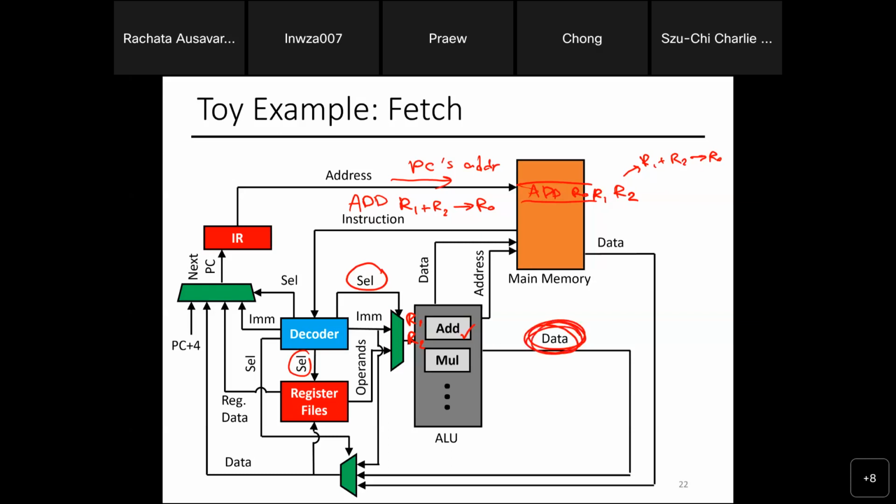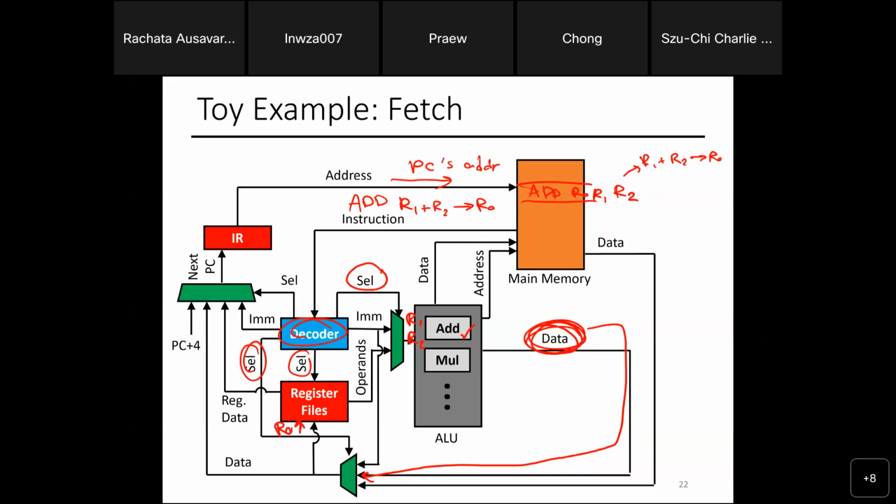The results are coming out here. So what do I write to? I have R1 plus R2. Where's my destination? R0, right? So the data goes in here. The decoder then selects here, and based on the wiring, it selects the output from my ALU, takes it and feeds it in here as R0.